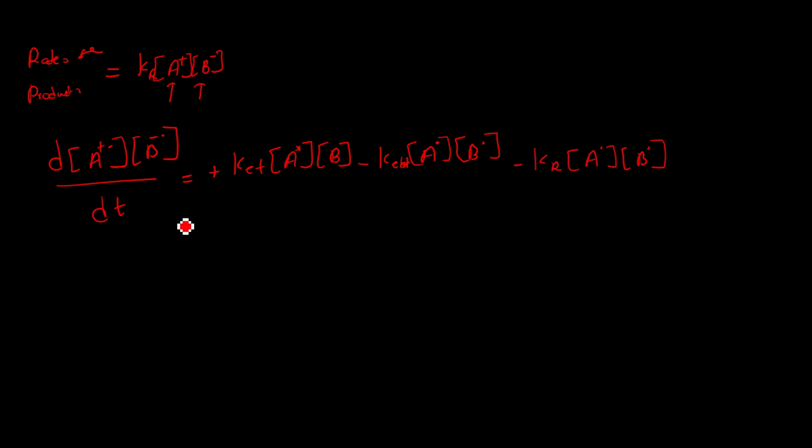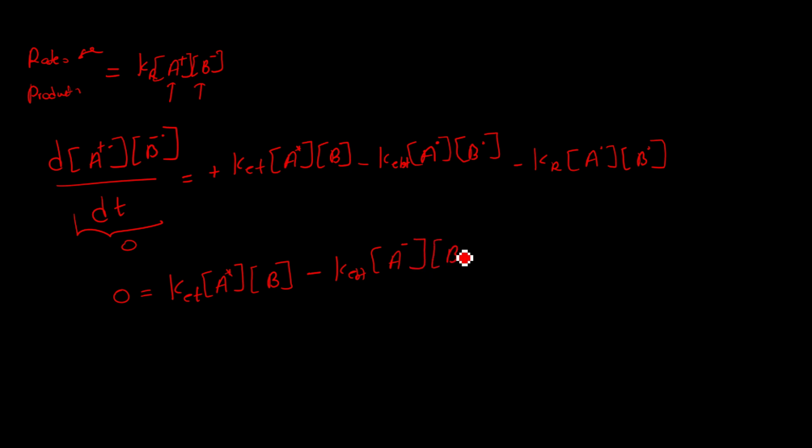Now, just like before, I'm going to introduce the steady state theorem by setting these guys to 0. So now we have 0 equals k_ET, concentration of A star, concentration of B, negative k_EBT, concentration of A radical and concentration of B radical, negative k_R, concentration of A radical and concentration of B radical. Okay, now let's move these guys to the other side.